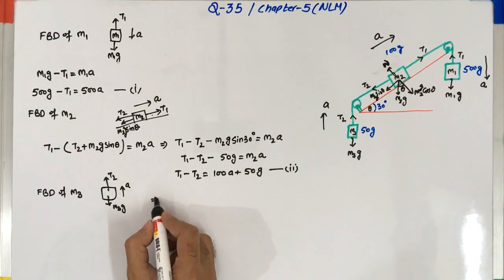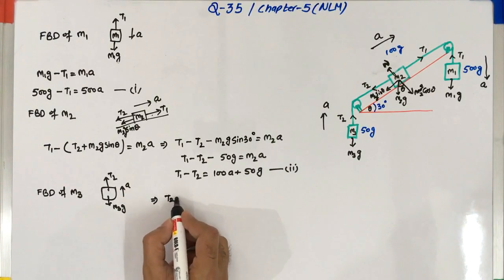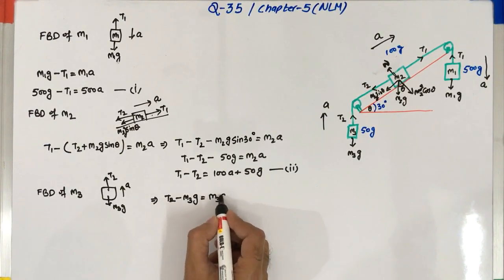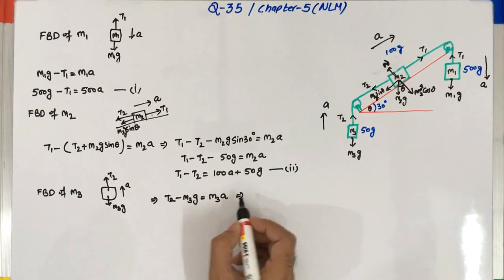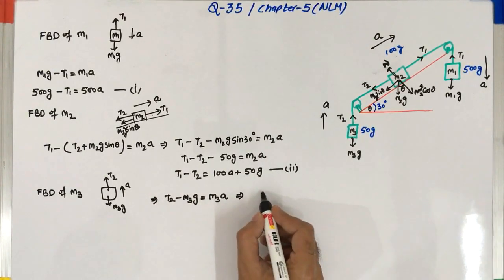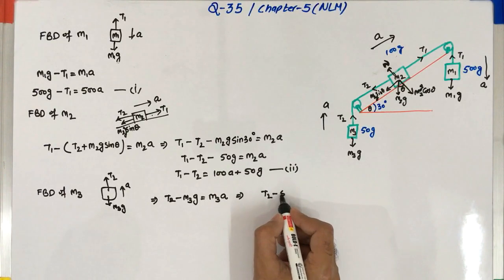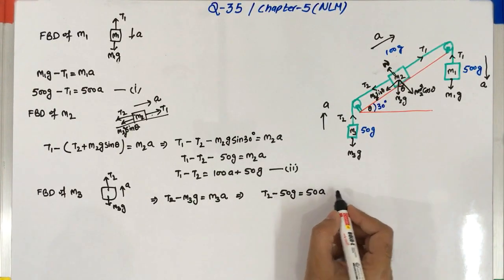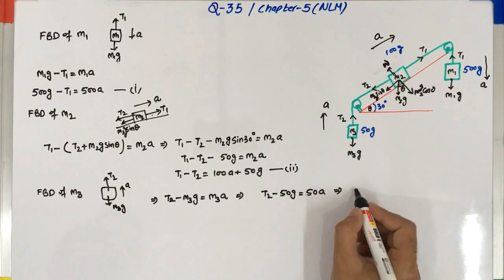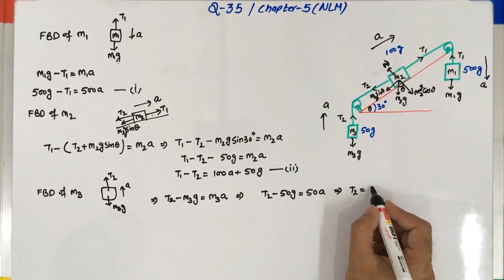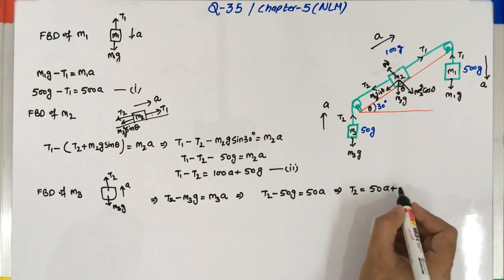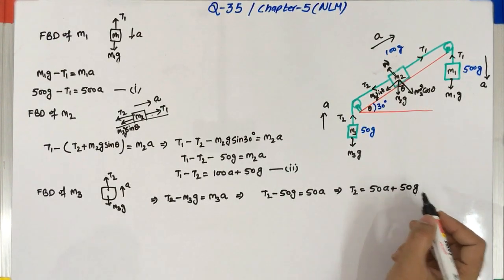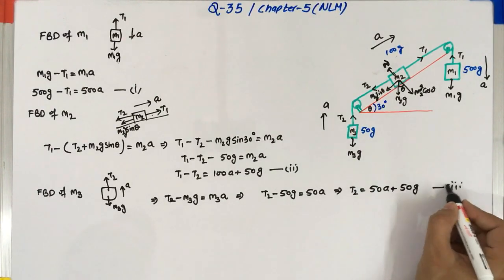The equation becomes T2 minus M3G equals M3A. Putting the value of M3, T2 minus 50G equals 50A, which implies T2 equals 50A plus 50G. This is equation number 3.